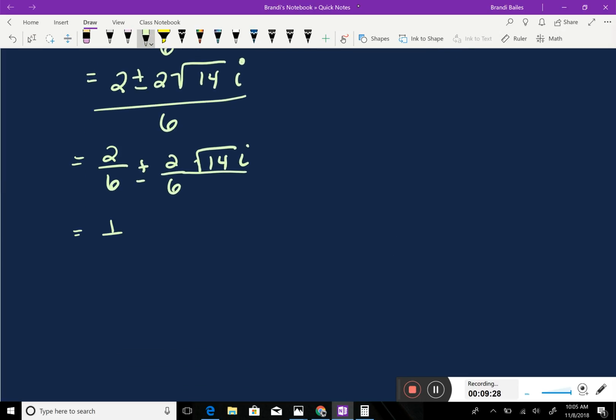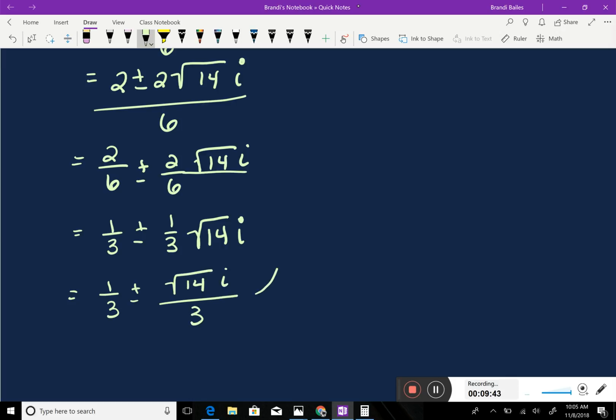So that will give me 1/3 plus or minus 1/3 times 14i, or 1/3 plus or minus 14i over 3. These two things are exactly the same. I can write the 14i next to the fraction or on top of the fraction.